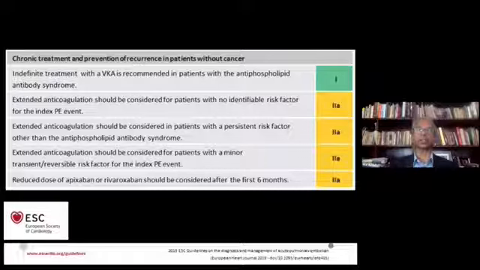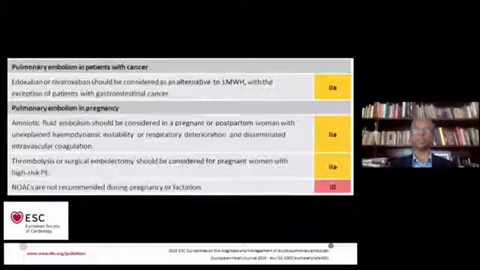Consider extended anticoagulation for patients with a minor transient reversible risk factor, which you think may not be a risk factor. Why did this guy have to get it with so little of a problem? Consider giving them extended anticoagulation, and consider after the first 6 months reducing the dose of apixaban or rivaroxaban. So you may move from apixaban 5 mg BD to 2.5 mg BD.